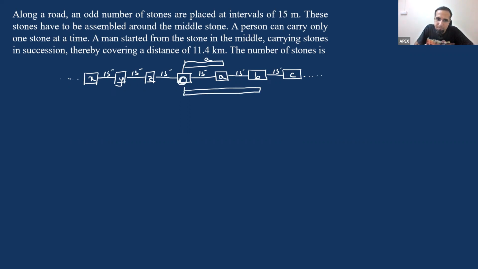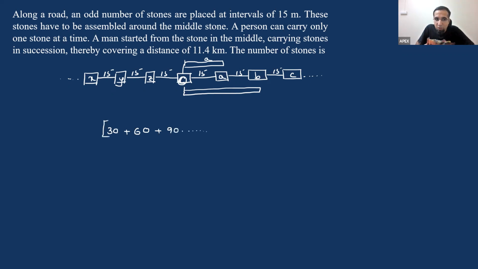It's pretty easy to bring stone A. This guy goes 15 forward and 15 backward. So to bring the first stone from the center, 30 meters. To bring the second stone, he goes 30 forward and then comes back 30 backward. That is 60. Similarly, to bring stone C, again 45 forward and 45 backward, that becomes 90. And so on.